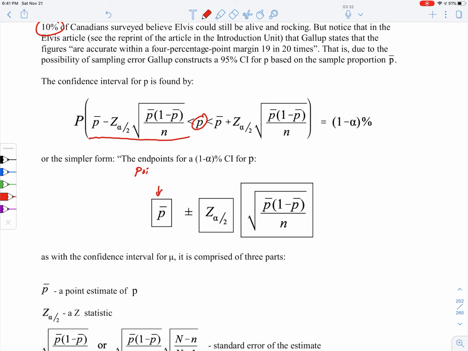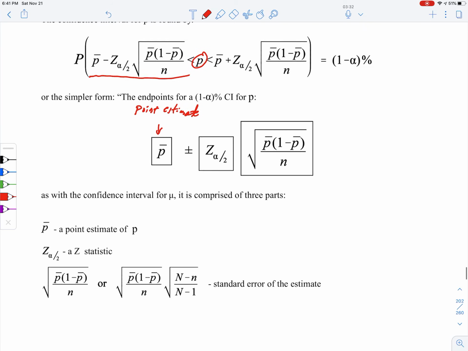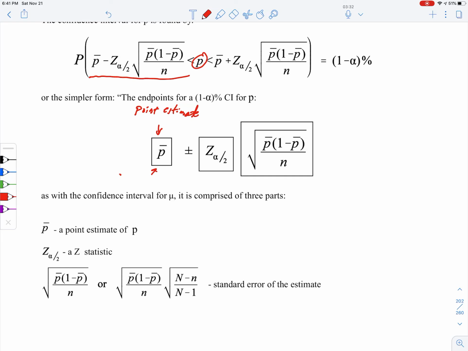So this particular guy down here is the point estimate. And just like we had X bar, which was the sample mean, this is going to be the sample proportion. So that's what that is there, is the sample proportion.